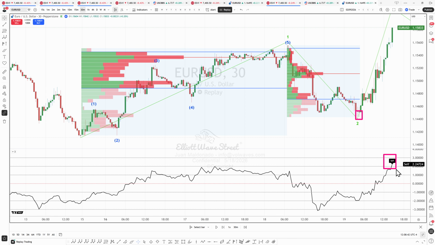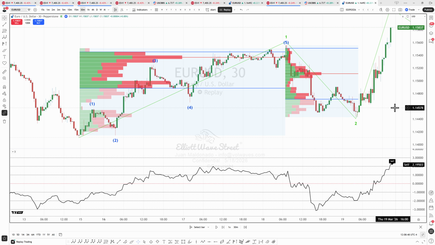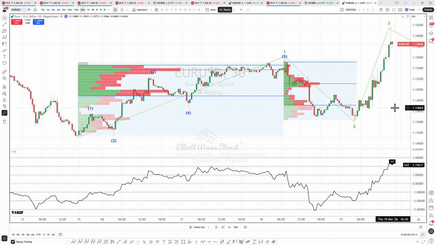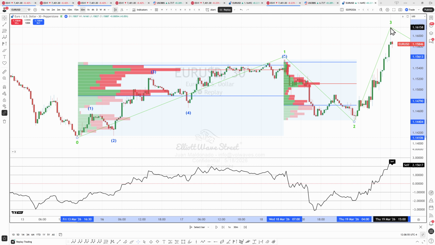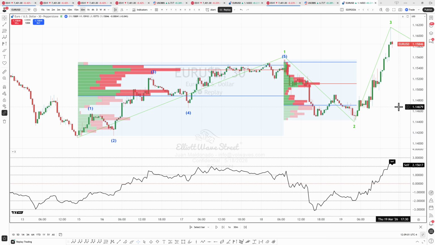And right here, we have to be careful. The cycle is almost over. Then we can tighten the stop loss or wait for the first candle that closes below the previous candle high, for example, and that could be the top of wave 3. We have to be extra careful because a retrace is coming.